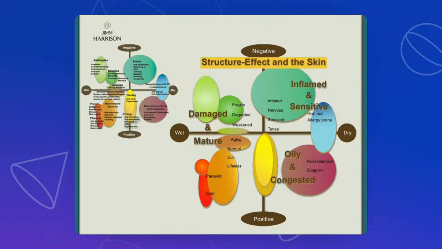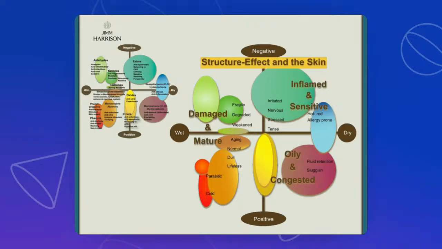It's an ester. So that big kind of greenish blue circle at the top where it says negative, that's the ester group. And there's negative charge, positive charge, top negative, bottom is positive. And then polarity, which is wet and dry, or polar, which is on the dry side, and nonpolar, which basically means its ability to bind with water.